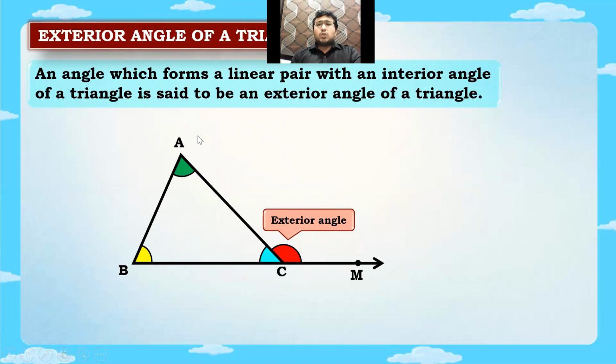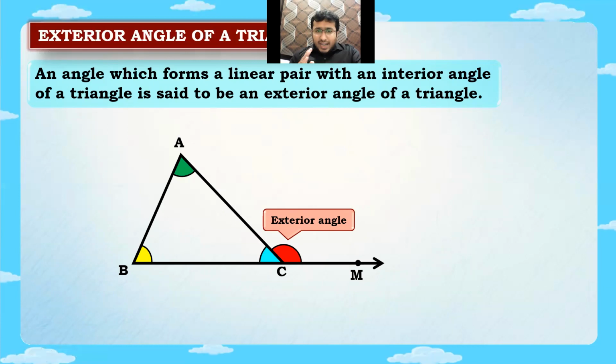So students, what do you mean by exterior angle? Let us revise it. An angle which forms a linear pair with an interior angle of a triangle is said to be an exterior angle of a triangle. So look here students, angle ACM is an exterior angle because it forms a linear pair with angle ACB, which is an interior angle.